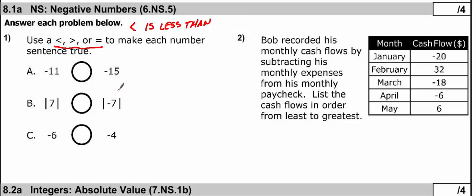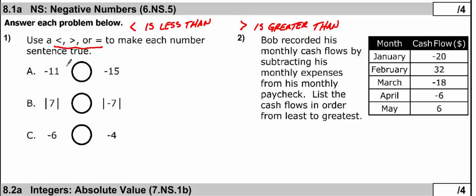If the first number is the smallest number, we use this symbol, because something like 2 is less than 5. This symbol is greater than. If the first number is the biggest number out of the 2, like 5 compared to 2, we'd say 5 is greater than 2, so we'd use this symbol.